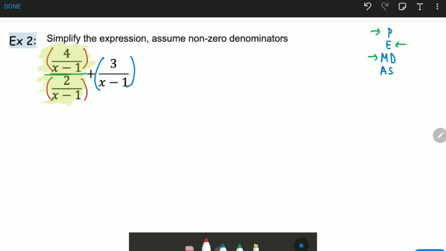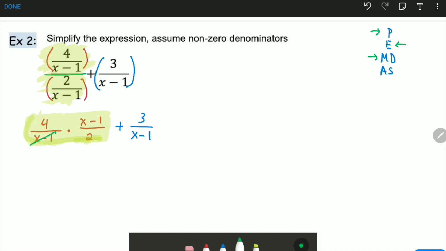I'll go ahead and bring down my blue one, but keep in mind this is separated by addition and subtraction. So as I focus on this multiplication problem, because I'm still simplifying this part first, order of operations says multiplication first. As I focus on this, I'm going to be ignoring the other fraction here and just reducing it like we normally would.